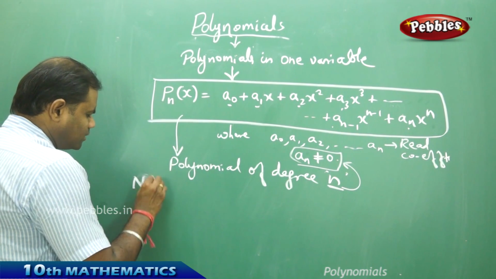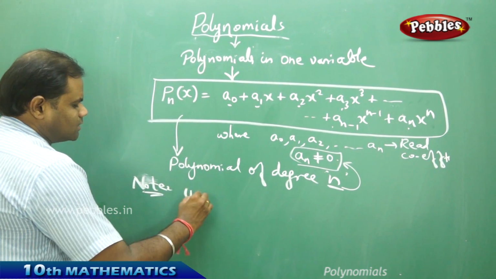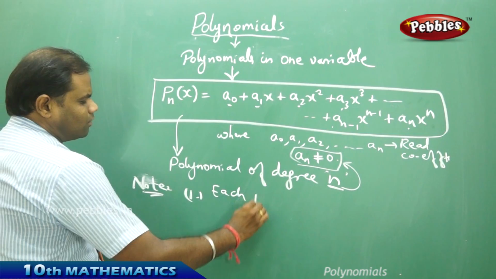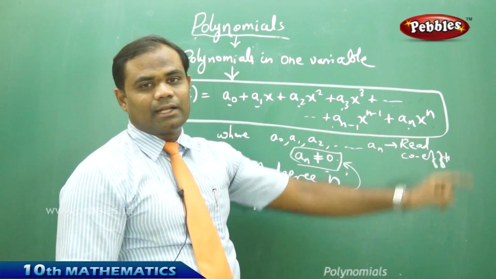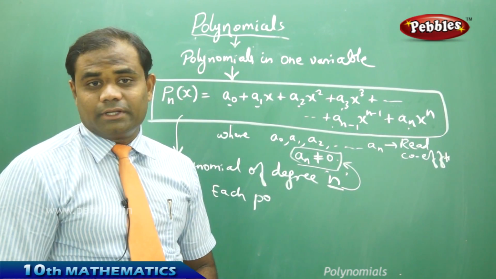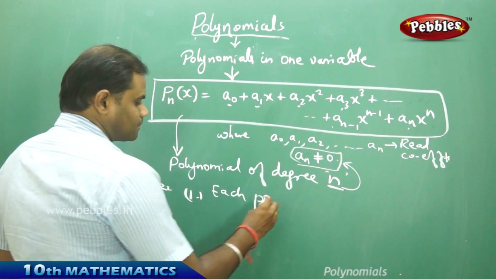There are certain things I need to note here. The first thing is that each power of x, as I see here, powers 1, 2, 3, 4 till n, are all non-negative integers, but they are not fractions.